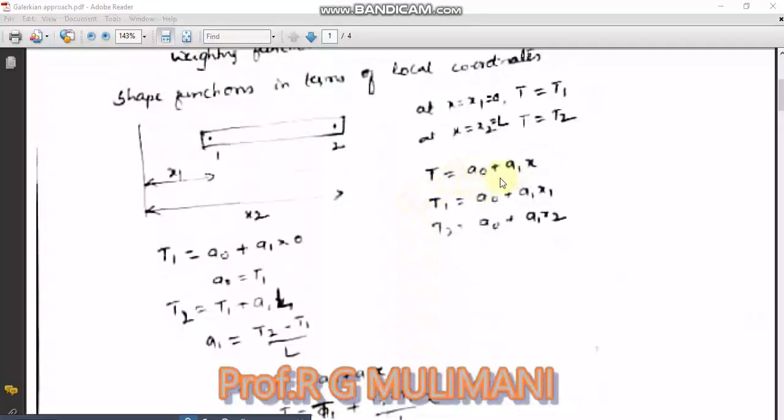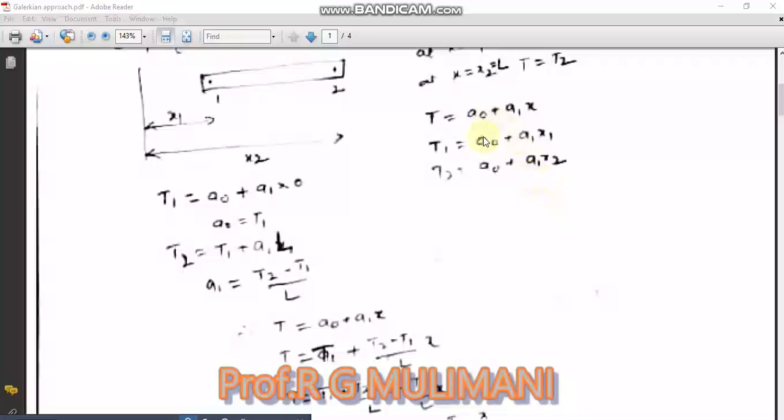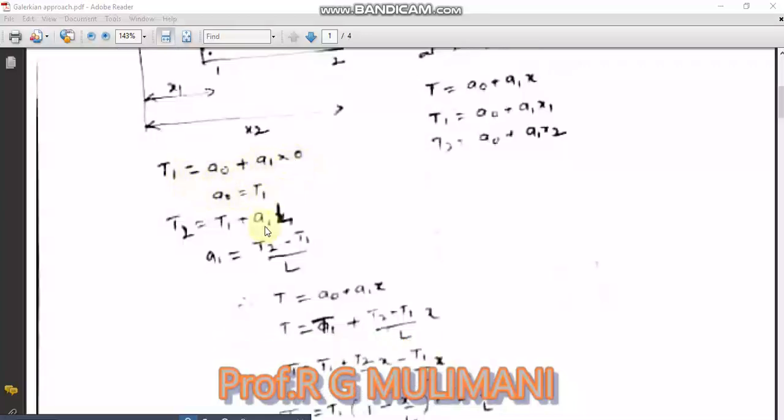This is the assumed linear function, and applying the boundary conditions, the temperature at node 1 is T1 at x equal to 0, and at x equal to L the temperature is T2. Applying the first boundary condition, we have T1 and x equal to 0, so 0 times a1 is 0, so a0 equals T1.